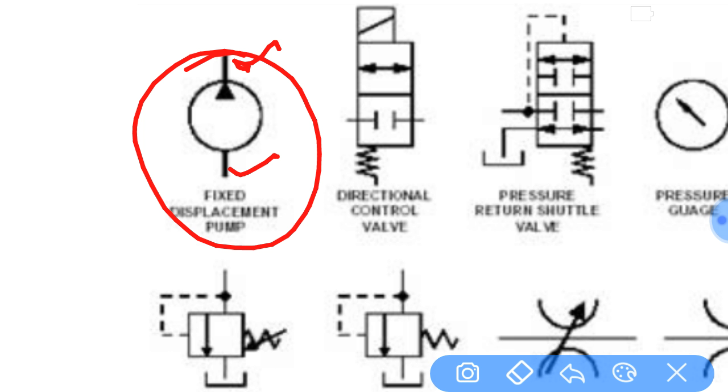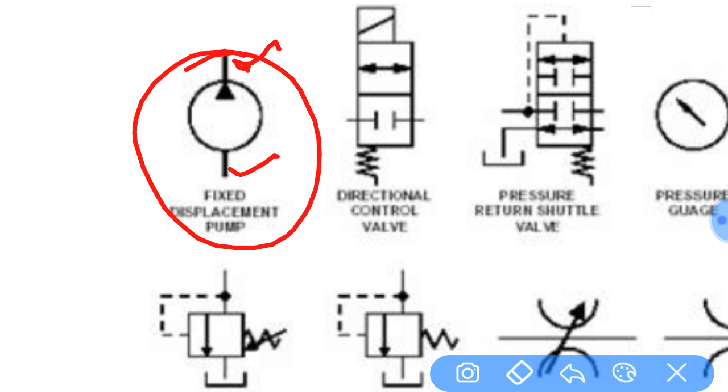Mainly there will be two connections or flow paths, because in any connecting flow path, we will connect this hydraulic component. So this is the suction side of the pump and this is the delivery side of the pump.